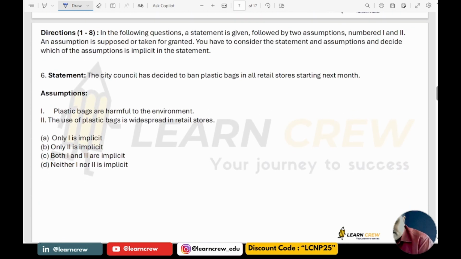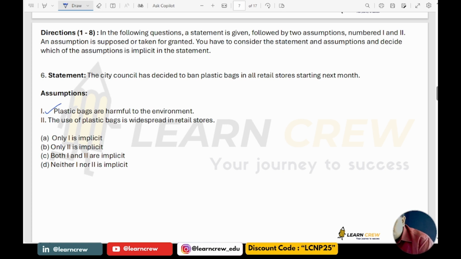Then question number 6. The city council has decided to ban plastic bags in all retail stores starting next month. So what can be assumed? What is the assumption on which it is done? Plastic bags are harmful to the environment.